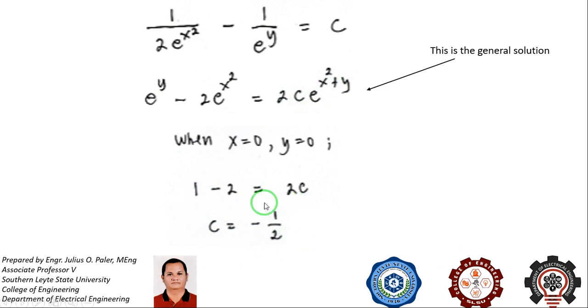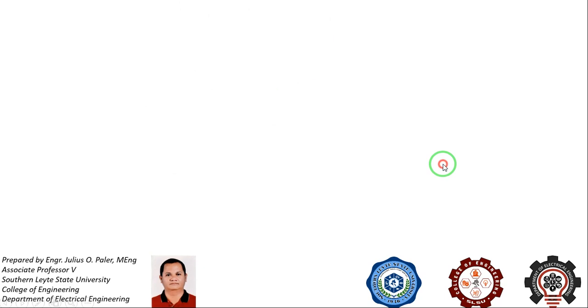Now what are we going to do with c equal to negative 1/2? We substitute this for c here, which if we multiply by positive 2, we have negative 1. The next step is to copy the left side, and we have negative e to the x squared plus y as a result of multiplying 2 and negative 1/2.